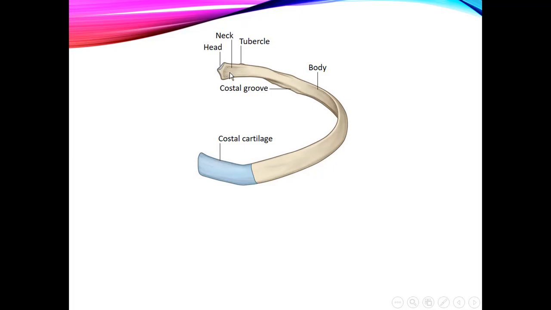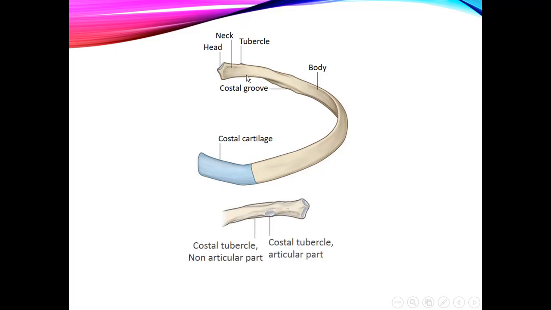That part of the rib located between the costal head and costal tubercle is the costal neck. The costal tubercle contains 2 parts: an articular part and a non-articular part.